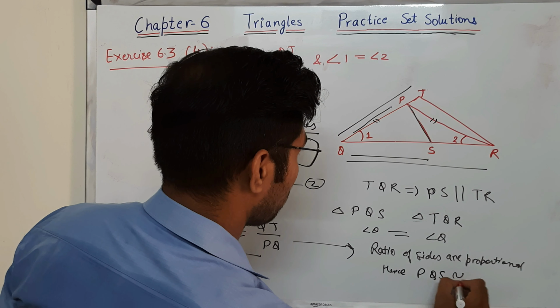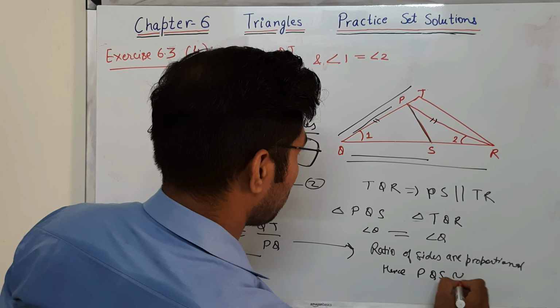Okay, now this ABCD is a parallelogram. As we know the property that opposite angles are the same in a parallelogram, angle A is equal to angle C. Now see the other angle.